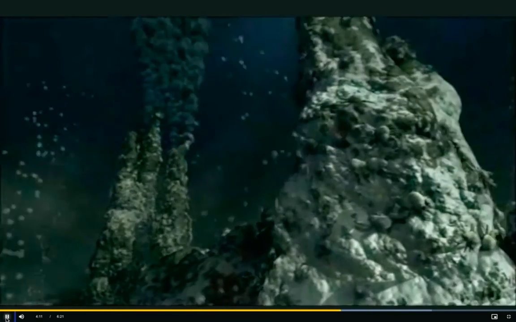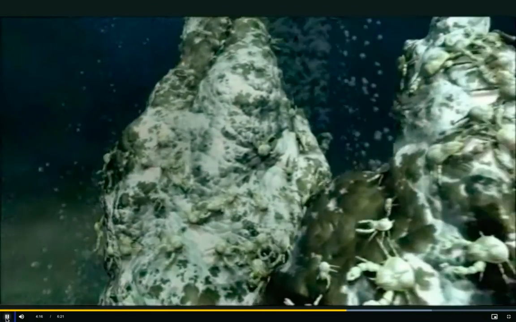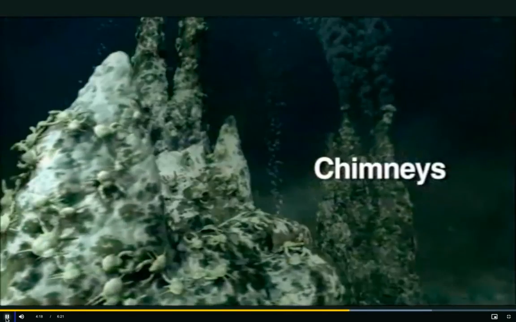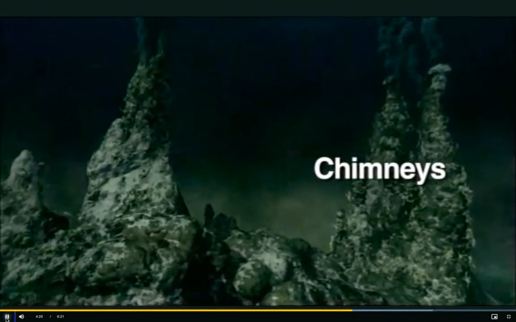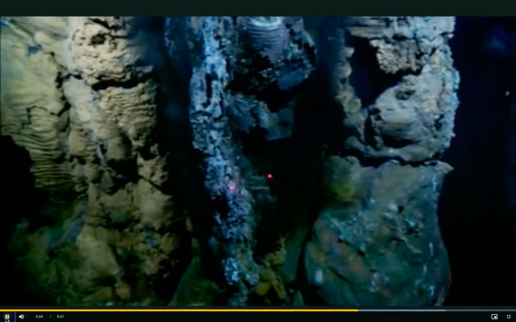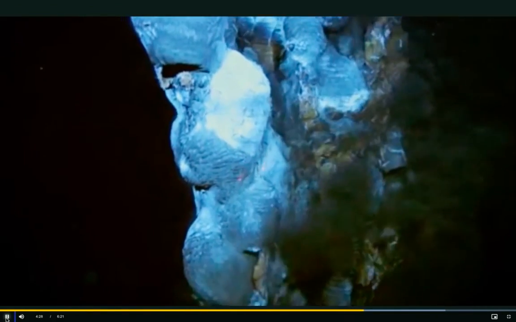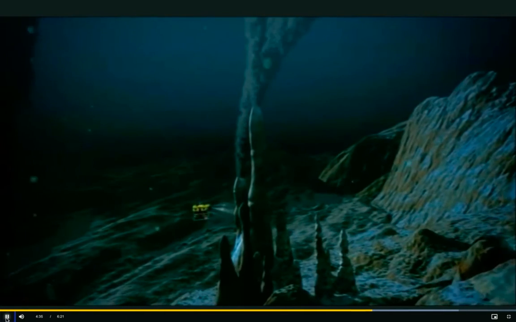As the dissolved minerals and metals encounter the freezing ocean water, they solidify in layers, forming massive structures called chimneys. Lasers, spaced at about 10 centimeters apart, almost 4 inches, help scientists determine chimney size. Some chimneys have been spotted at heights of up to 18 stories tall.